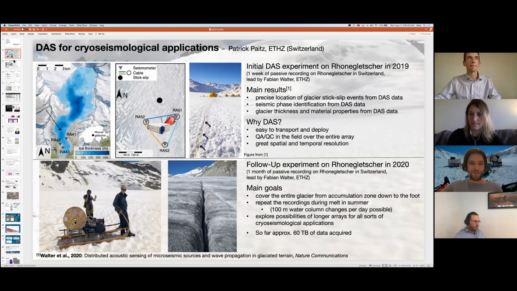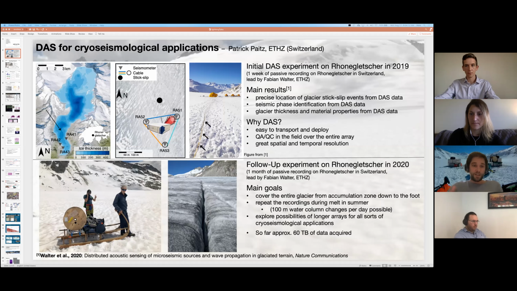So yeah, good morning, good afternoon, and good evening. From my side, I'm Patrick Paitz, and I've been working on various DAS experiments throughout the last 3 years here at ETH Zurich in Switzerland. What you can see here on the slide is a small overview of one of our most recent experiments and publications that discusses the potentials of DAS in a cryoseismological context.